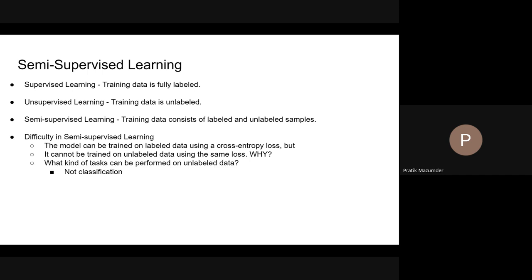Whereas your objective here is some sort of supervised learning, maybe classification or maybe segmentation, whatever may be the case. In either of these cases, we cannot directly utilize unlabeled data because you require some sort of target label. If it is classification, you require a target class label. If it is a segmentation task, then you require a ground truth segmentation mask. None of which are available if your data is unlabeled.